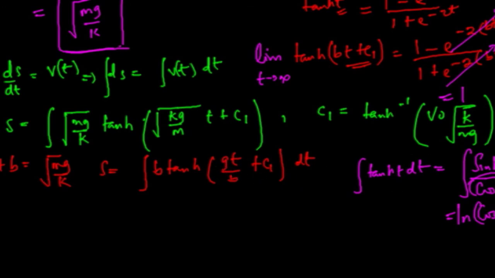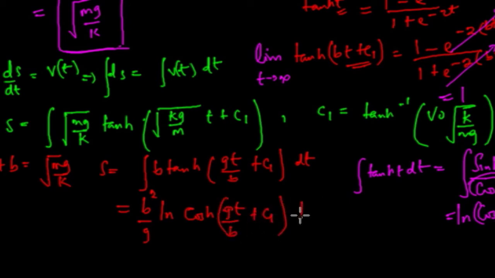Similarly, when you integrate the whole of this, this b is a constant, so this is just going to give us b squared all over g, the ln of the cosine of gt all over b plus c1, plus an arbitrary constant, which is c2.